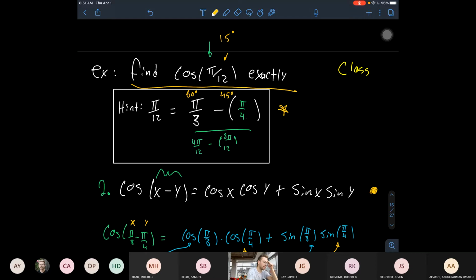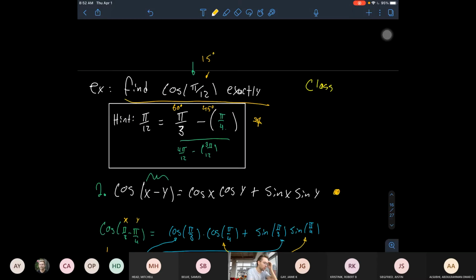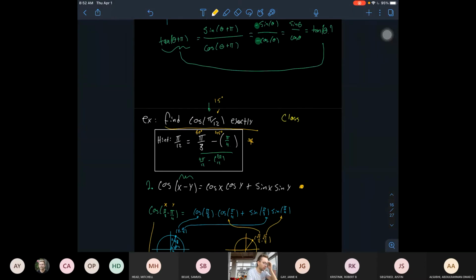So I think the key information here is that if we want to find the sine or cosine of an angle which is not a 30, 60, 90, or 45 degree angle, we basically have to use either one of these sum and difference formulas, or one of the so-called double angle formulas or half angle formulas that we're going to learn later on.